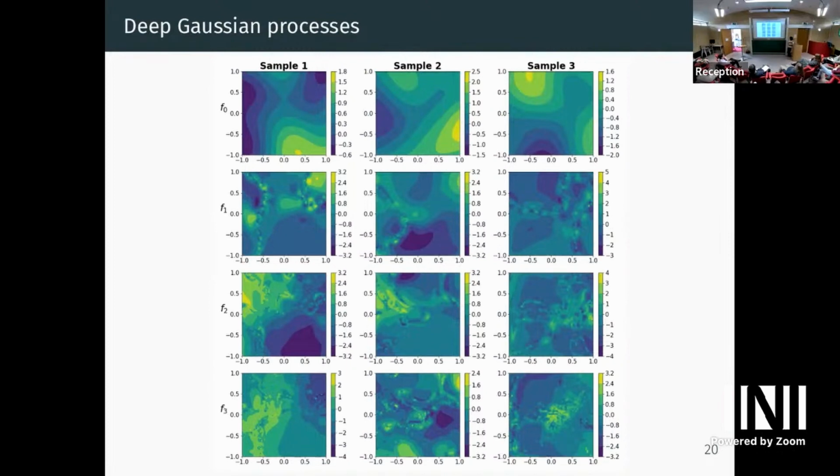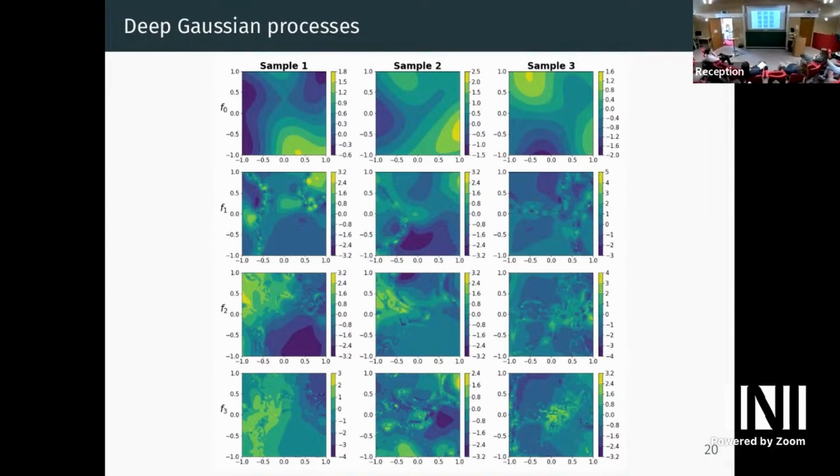It seems like the top layer here is smooth, very stationary. And then as we go down, you get areas of variation here with smoothness there, and you see something very, very different here.